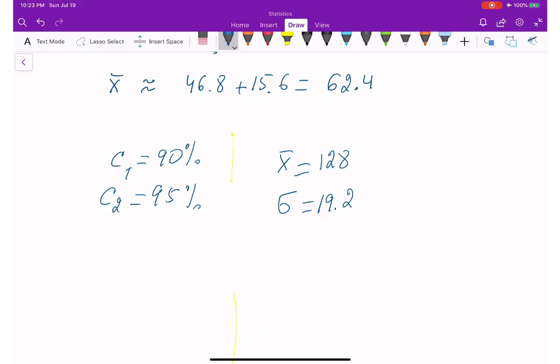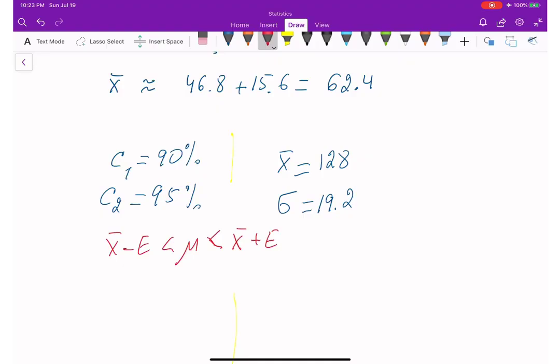So we're going to solve precisely the way we solved previous problems. So our mu is equal x bar minus error and less than x bar plus error. That's step number 1. Next, step number 2, we have x bar, correct? It's 128.